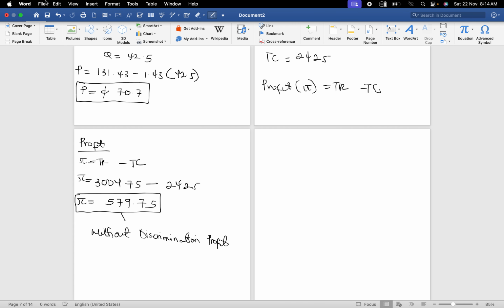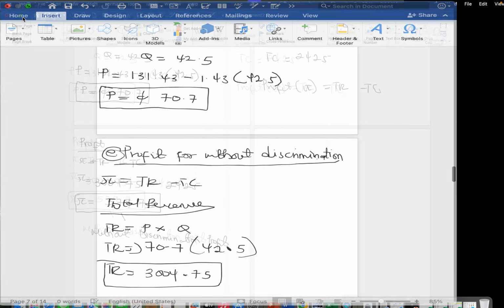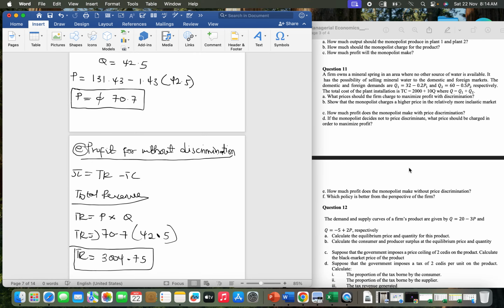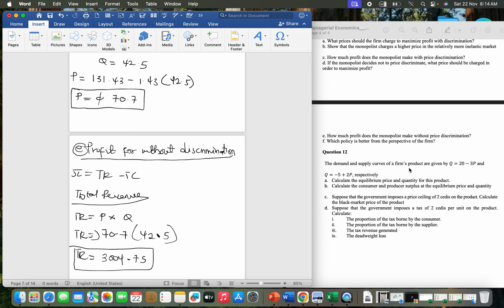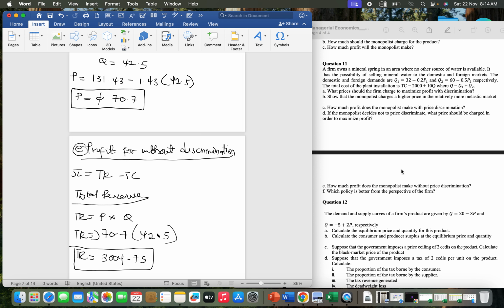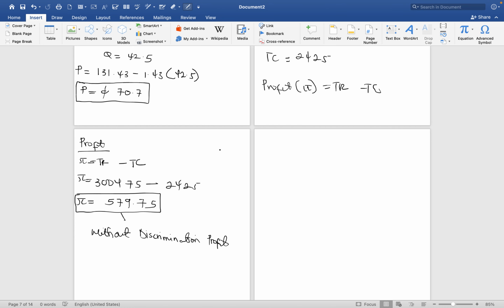So let's move on to the next question. With the next question, we were given: which policy is better from the perspective of the firm? Oh, sorry, I didn't check the letter.